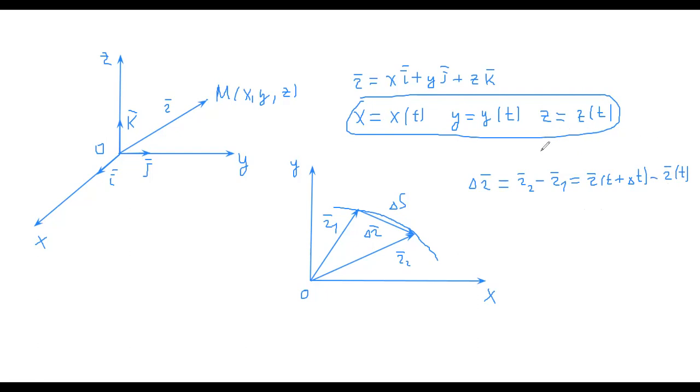Okay, that's great. And if this motion were during time delta t, we can set average displacement velocity like this.